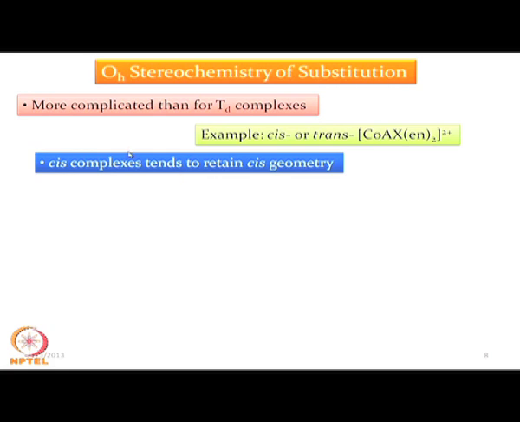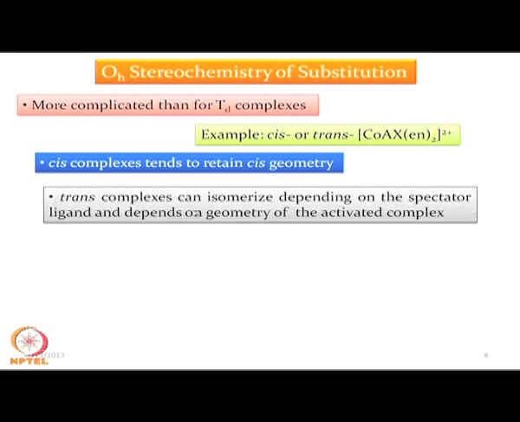The cis complexes always tend to retain the cis geometry. That means, if we start from the cis geometry, the end product is also the cis geometry, whether we go for the substitution of the Cl by the hydroxide group.